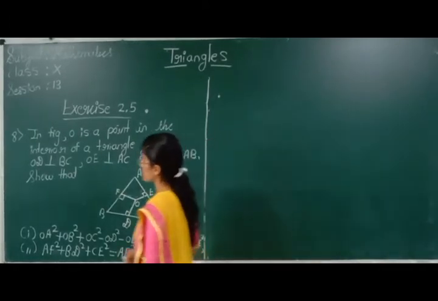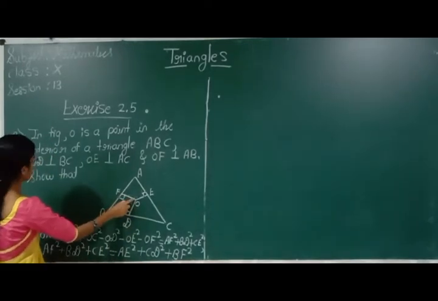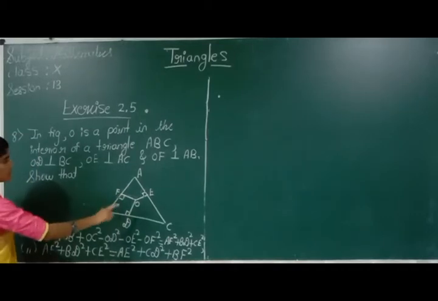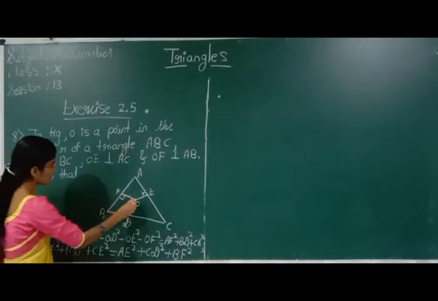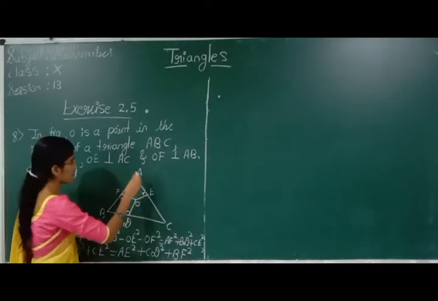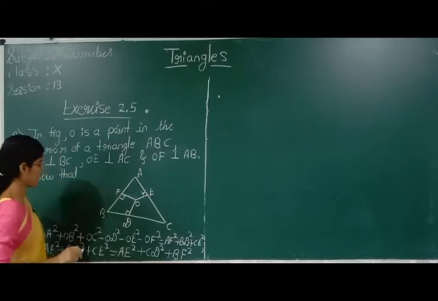So the 8th question tells us that in the figure, O is a point in the interior of a triangle ABC. OD is drawn perpendicular to BC, OE is drawn perpendicular to AC, and OF is perpendicular to AB.